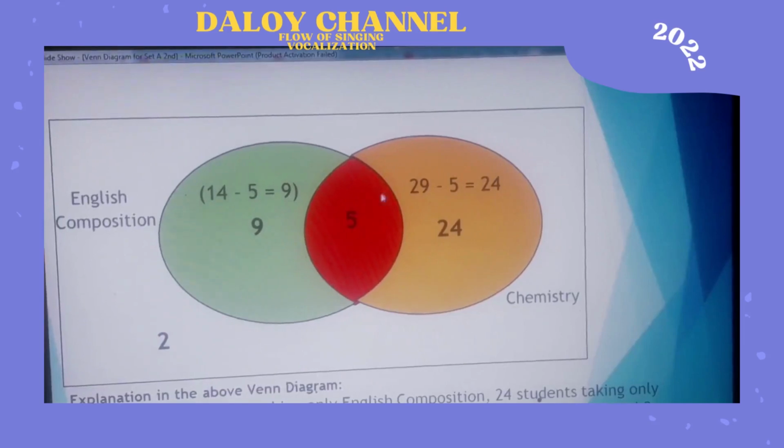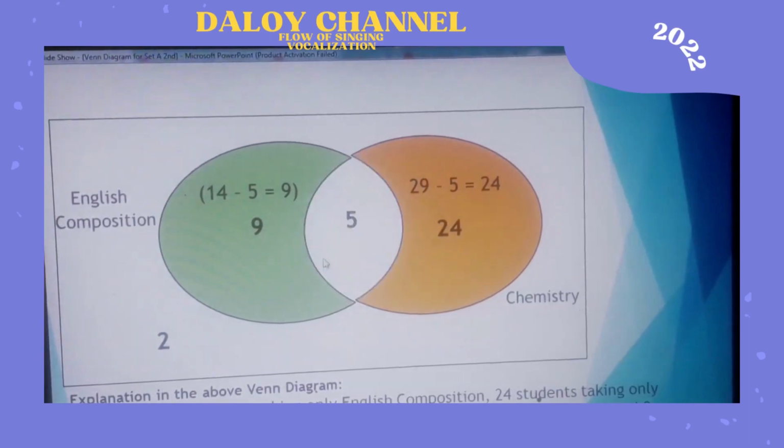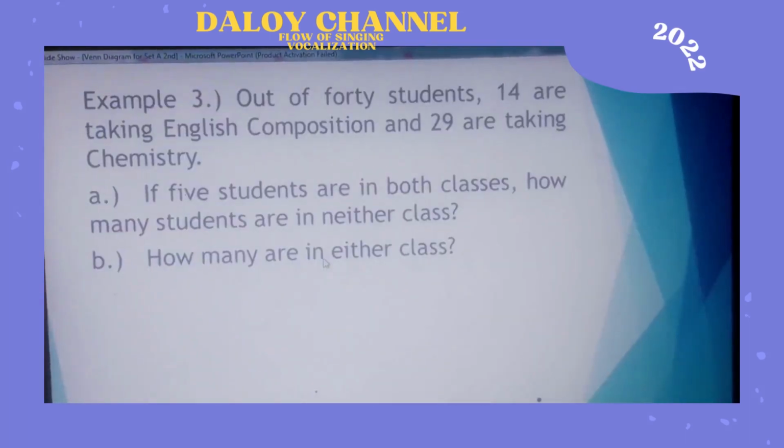So if we add all those obtained quantities in each class, we can find the number of students who are not included, or how many students are in neither class.